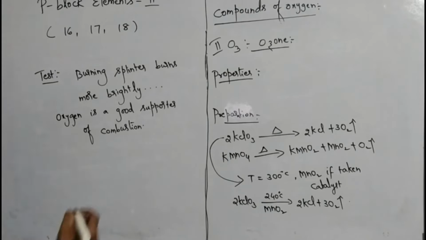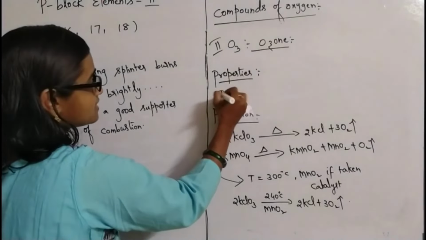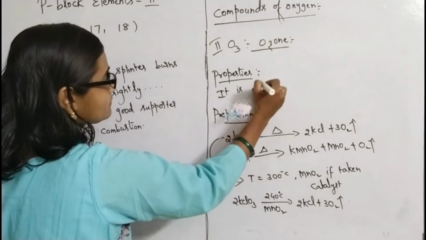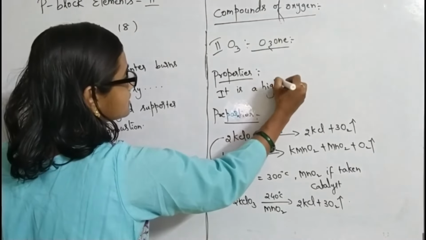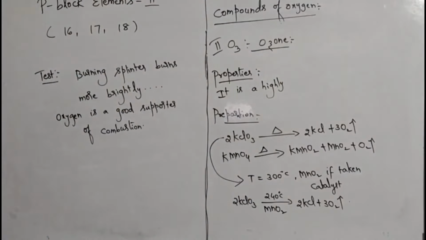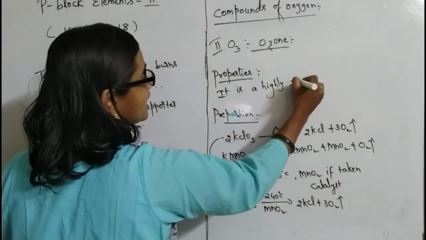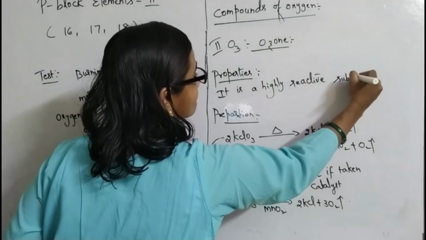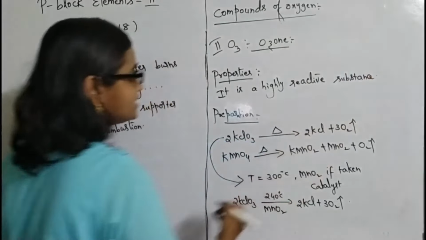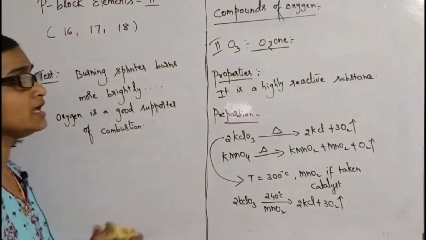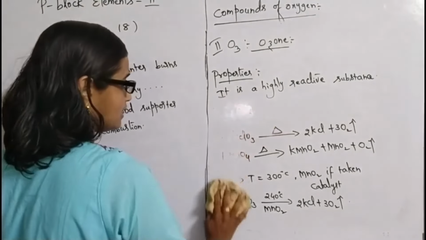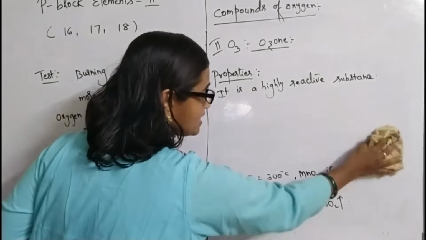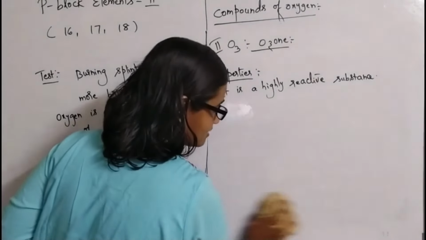It's a highly reactive substance. Ozone is considered to be what? Highly reactive substance. Even then, it protects us from what? The UV rays that are coming out from the sun.